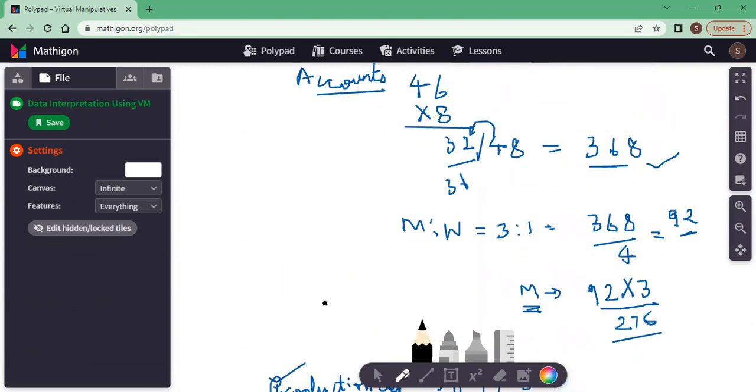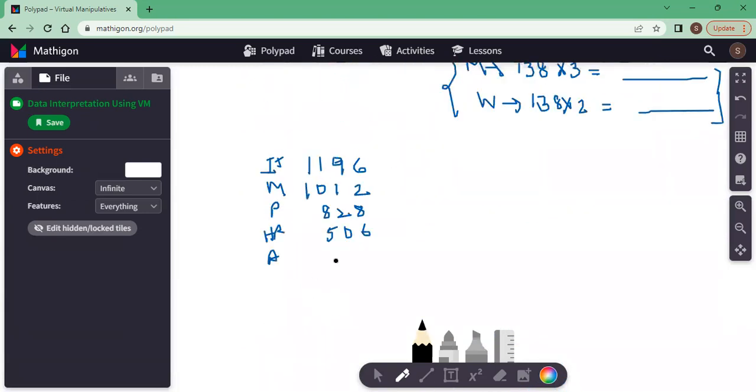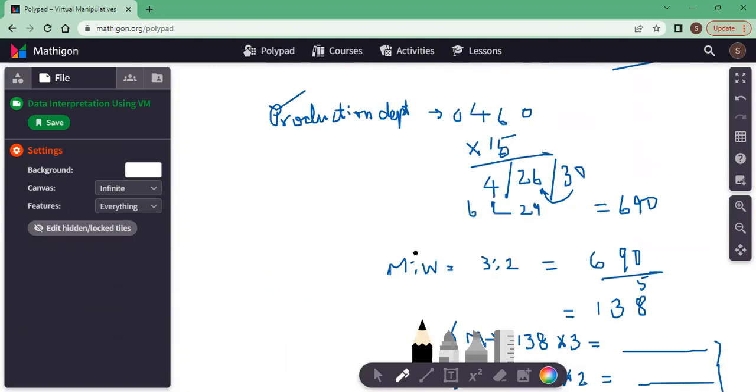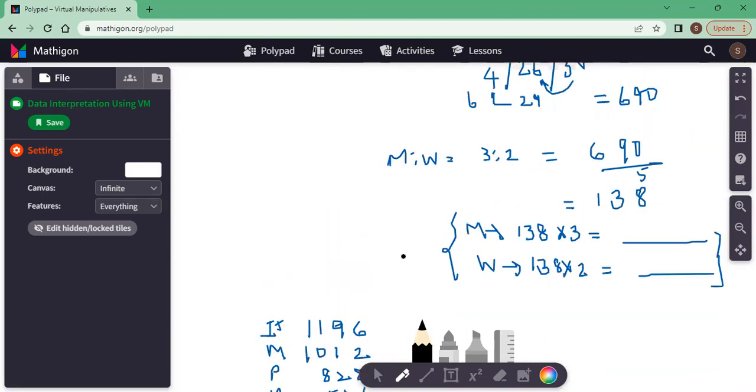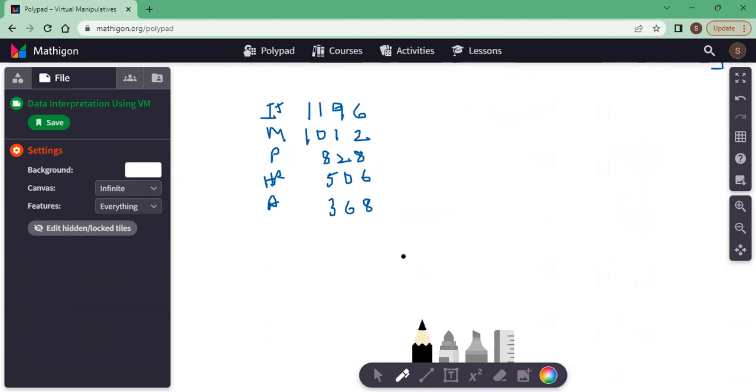Accounts department is 368. Last but not the least, production department, it is 690. So try to add it. If the total is 4,600, then all your answers are right.